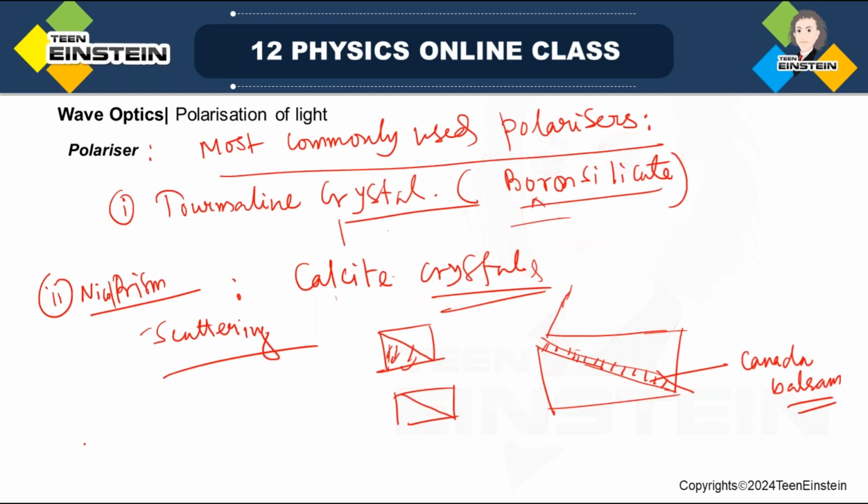Now another popular type of polarizer available in the laboratory is called the Polaroid.